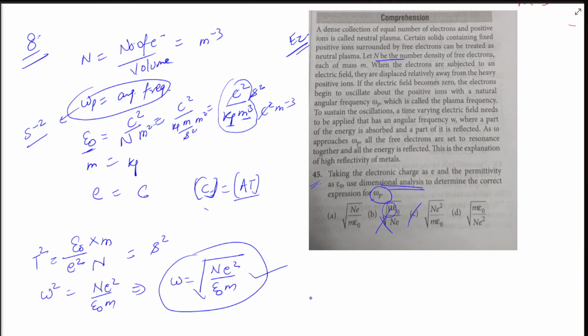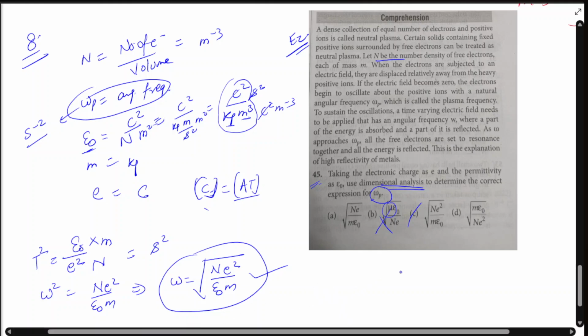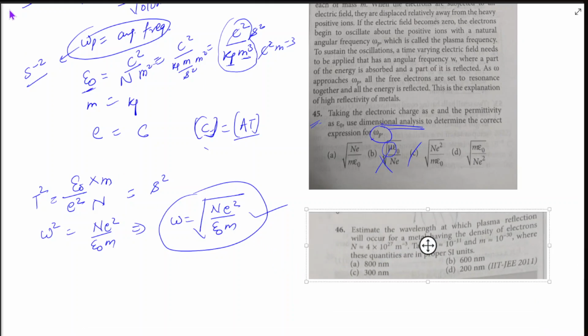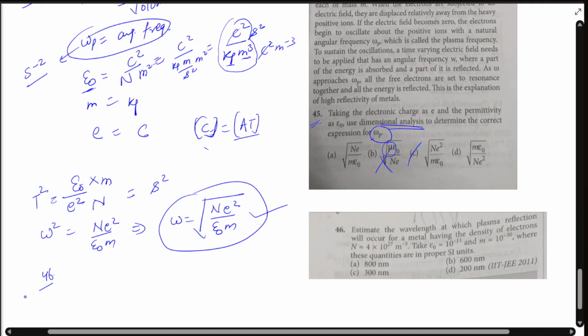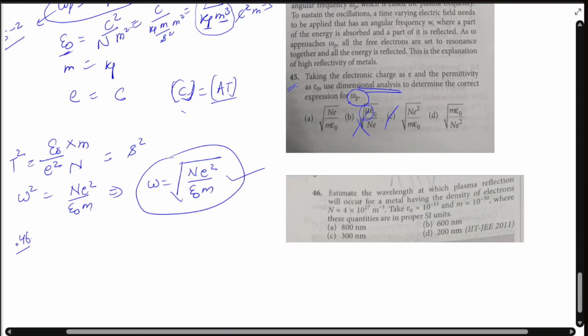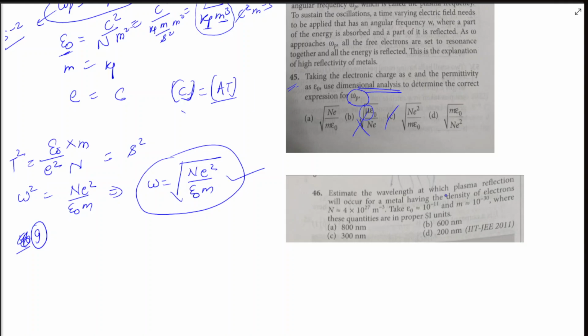Now its second part is this. So this is our question number 9, right? Estimate the wavelength of the plasma reflection. n is given, epsilon is given, and m is given.